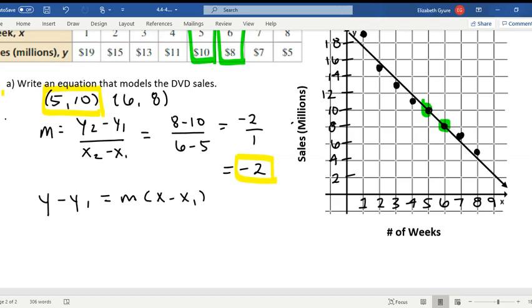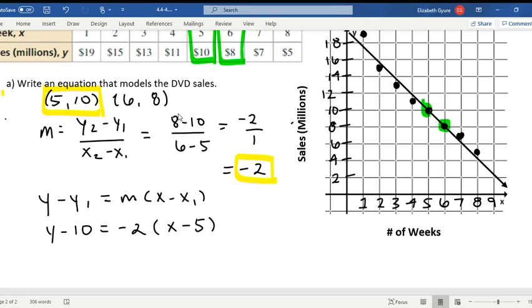So, somebody I haven't heard from yet today, help me plug this in. Brooklyn. Y minus 10, good. Equals -2 times x minus 5. Excellent. Y minus 10 equals -2 times x minus 5. Somebody else, what do I do now? I do distribute.